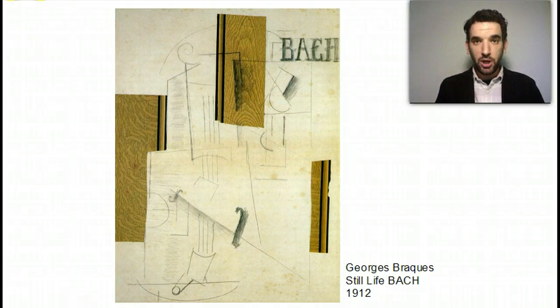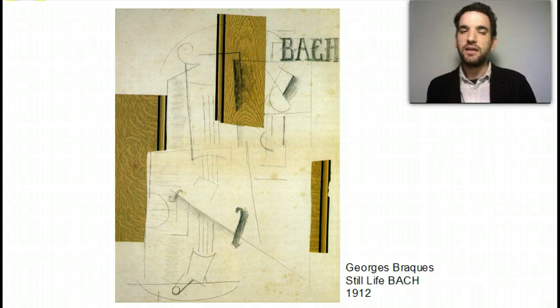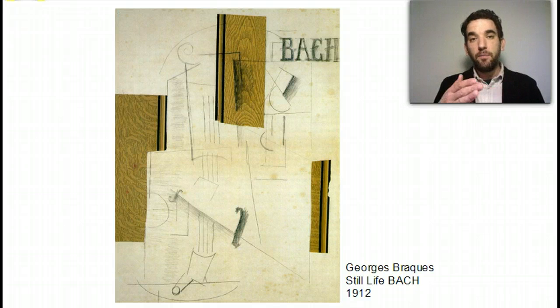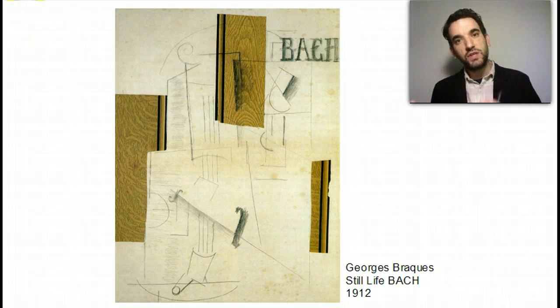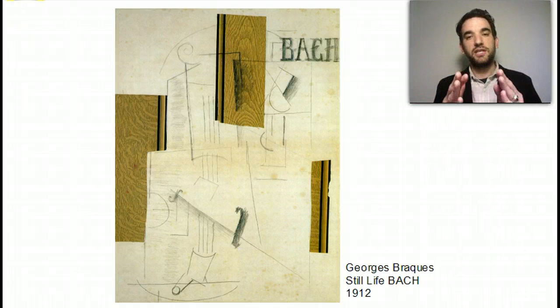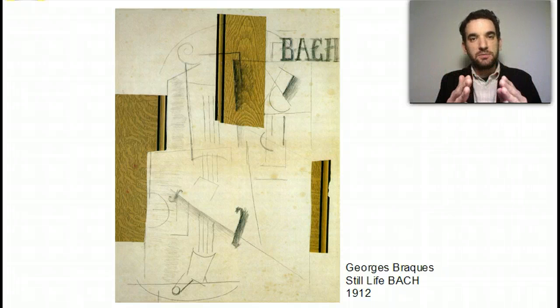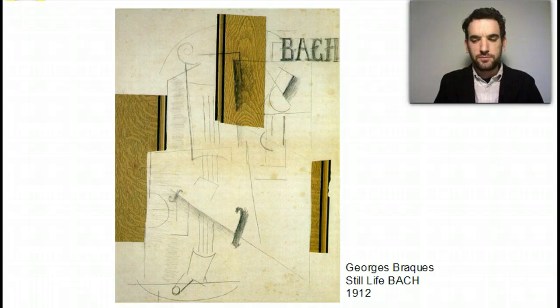This impulse is what our author alludes to in chapter 1, which I don't necessarily assign you, but it is an important thing for you to look at. I actually do assign it in one of the essays. But the breaking out of just using oil paints or just using this one set of tools is really what helps expand artistic practice. And synthetic cubism is the first time that we see that happening.